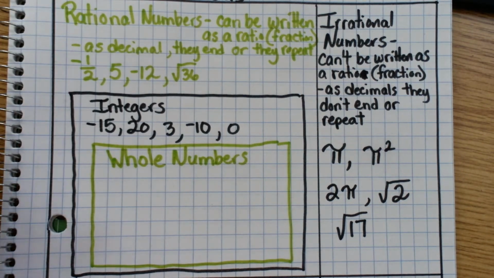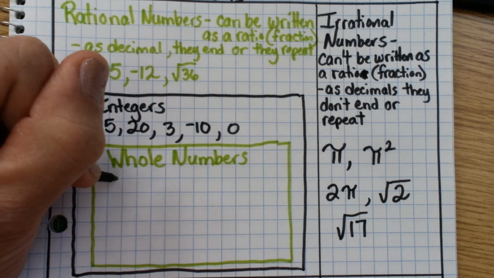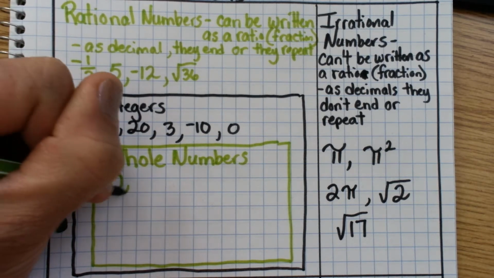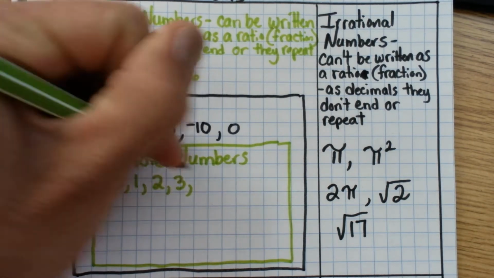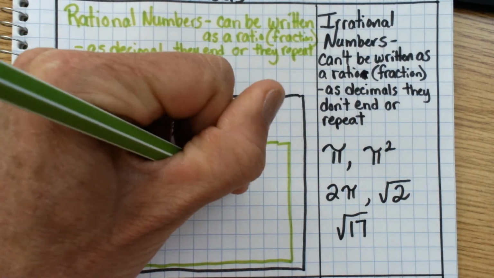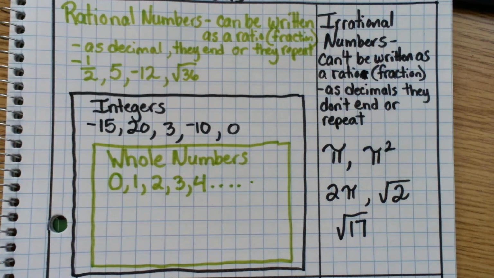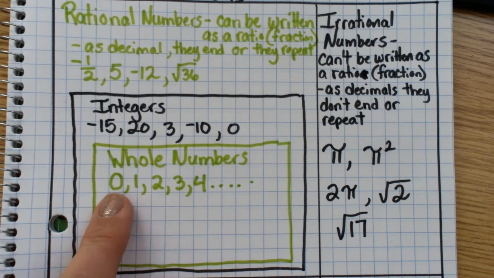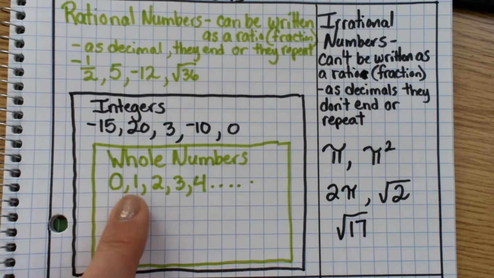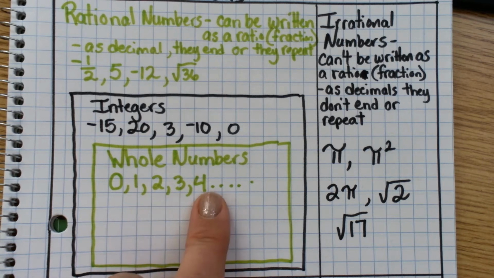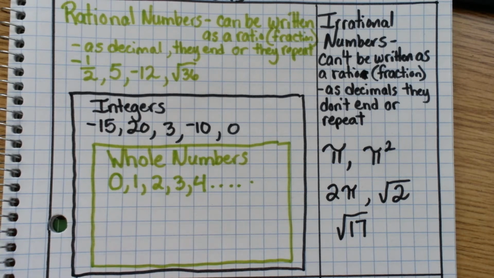Whole numbers, well, the smallest whole number is 0, and then 1, 2, 3, 4, etc. Those are whole numbers. So not necessarily all positive, because 0 is neither negative nor positive, but 0 and all positive whole numbers make up the set of whole numbers.